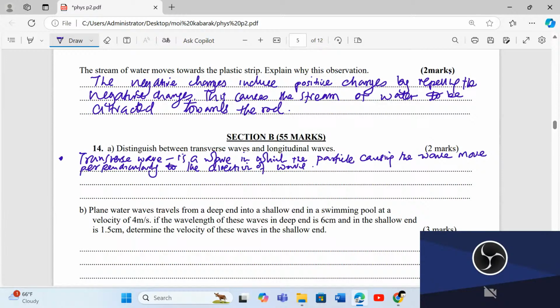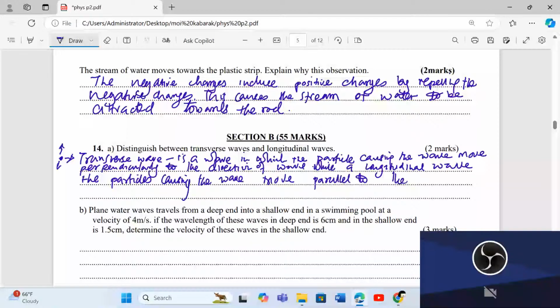If this is the particle, it can either move up or down, then it will cause a wave to move in this direction. While a longitudinal wave is one in which the particles causing the wave move along the direction of the wave.